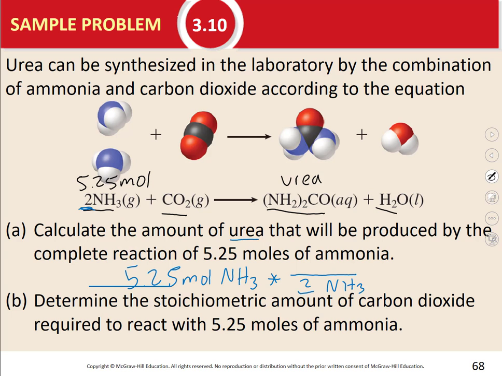Moles of urea. I'll just write urea because it's shorter. And what's the coefficient for urea in the balanced equation? 1. So when we multiply these across, the NH3s will cancel and we'll just be left still with moles, but now it's moles of urea. So how many moles of urea is that?